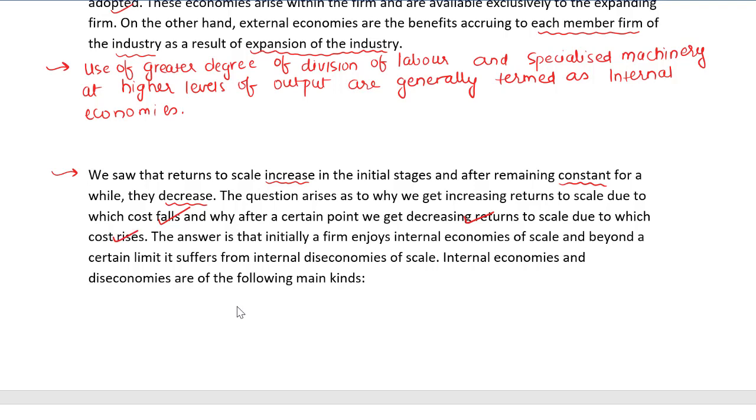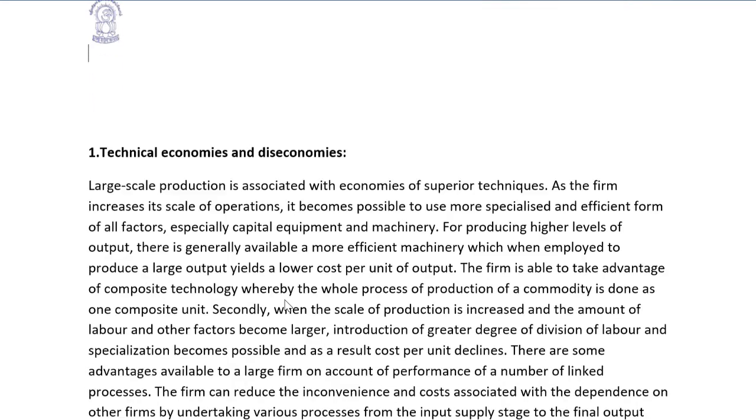The answer is that initially the firm enjoys internal economies of scale, and beyond a certain limit, it suffers from internal diseconomies of scale. So internal economies and diseconomies are of the following main kinds.